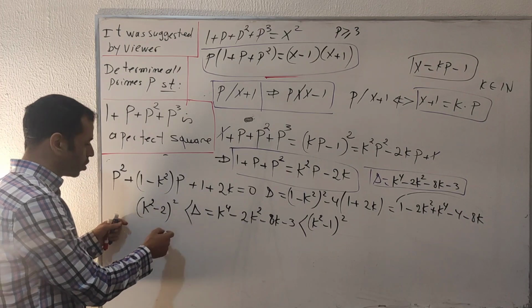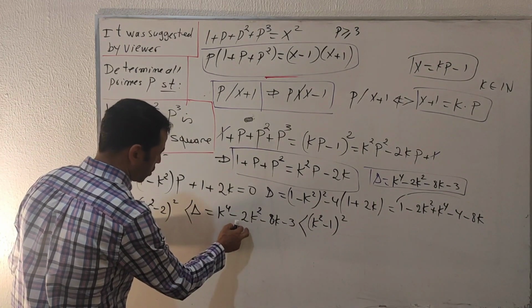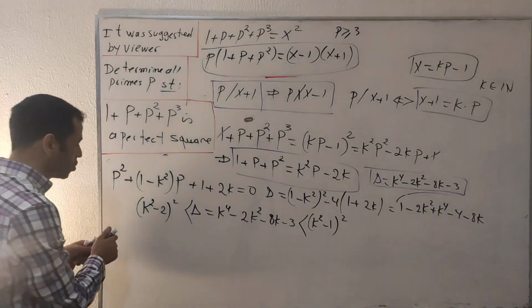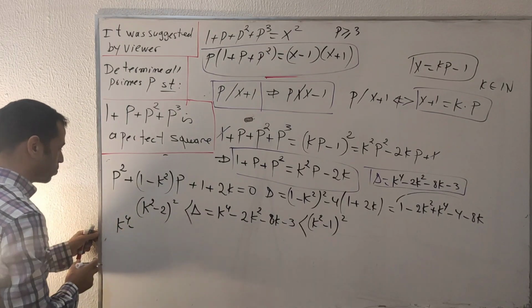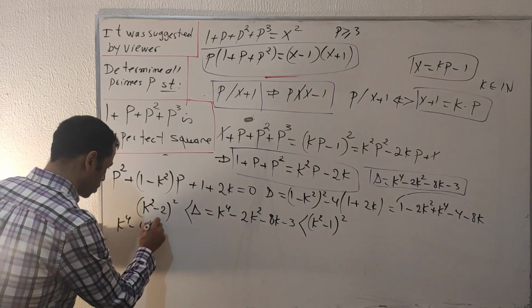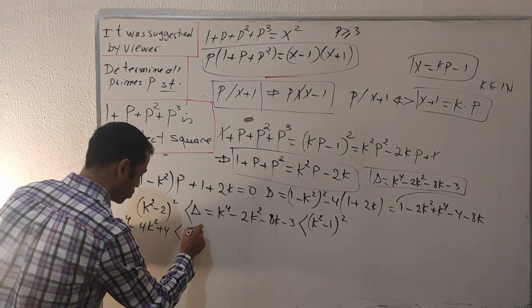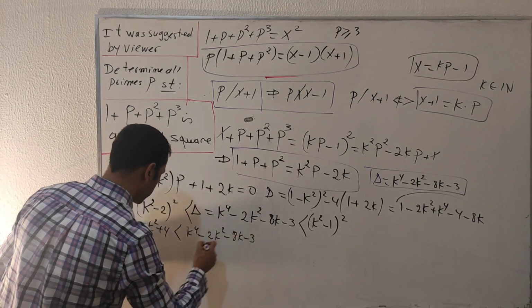I'm simply going to expand this and compare it with delta. This is q to the 4th, and by expanding I get minus 4 times q squared plus 4, which is strictly inferior to q to the 4th minus 2q squared minus 8k minus 3.